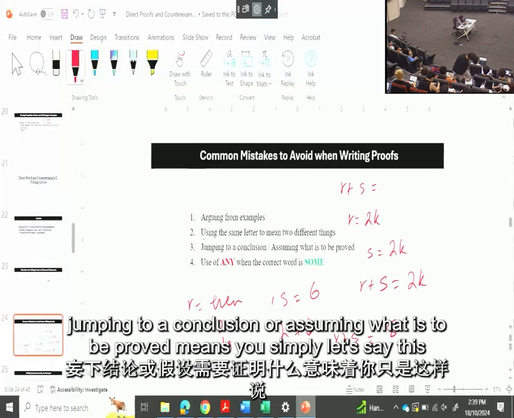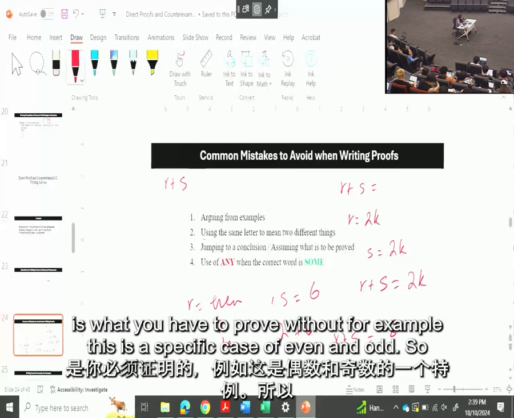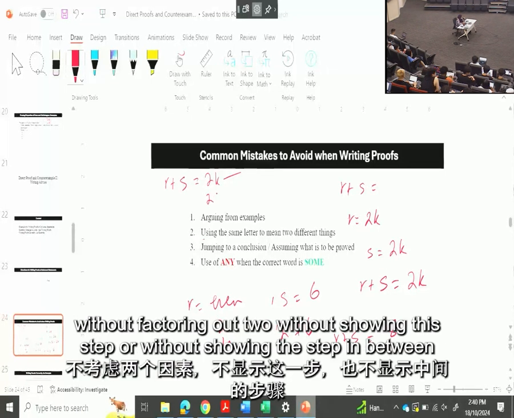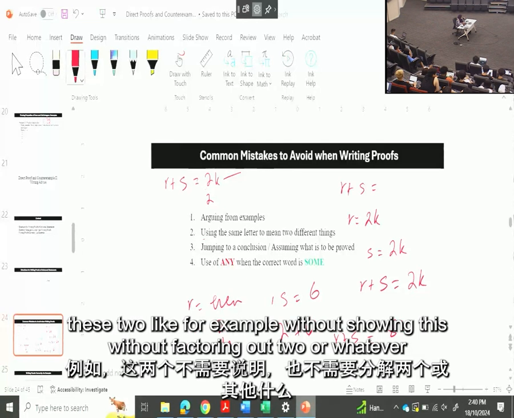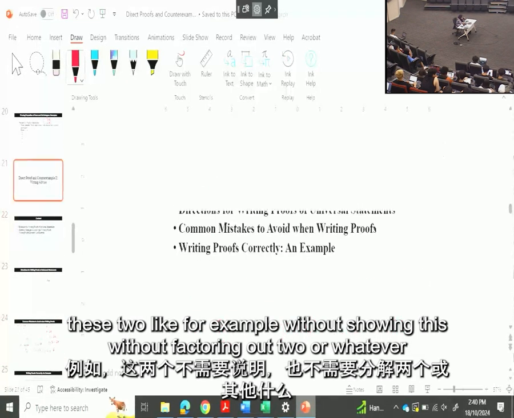Then jumping to a conclusion or assuming what is to be proved means you simply say this is what you have to prove without showing the steps. For example, this is a specific case of even and odd, so without factoring out 2, or without showing the step in between these two.